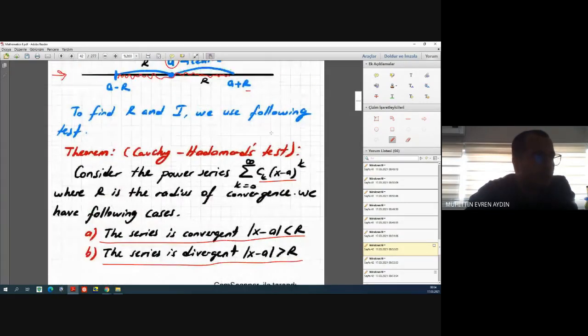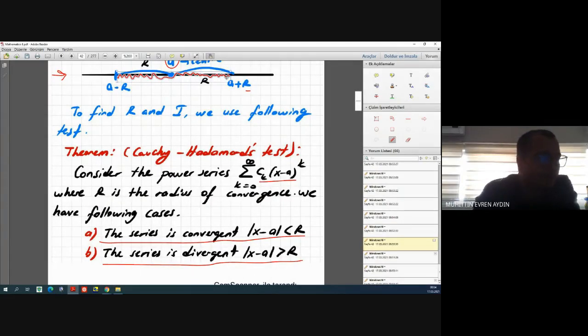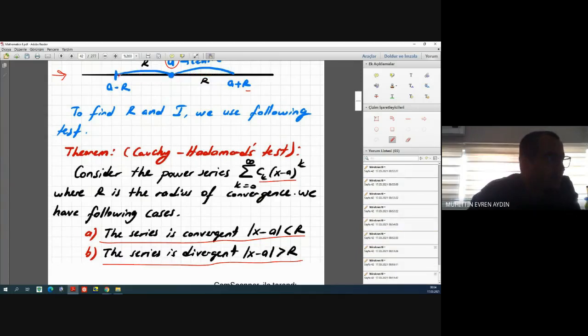By the way, the Cauchy-Hadamard theorem works at the inside points of the interval of convergence, and also at the exterior points, but this test doesn't work at the end points.